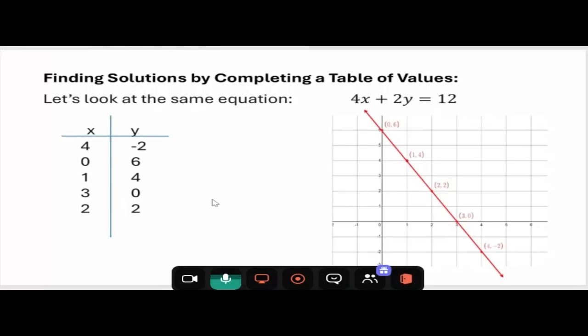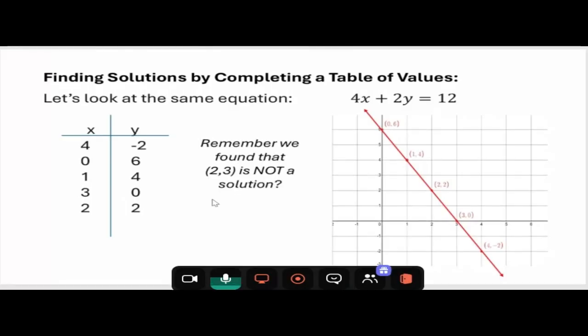And our last thought for this lesson is I want to ask a question actually. Before that, remember at the very start of this, when we first started with this equation, we tested 2, 3, and we found that it is not a solution. It made this equation into 14 equals 12, which is not true.